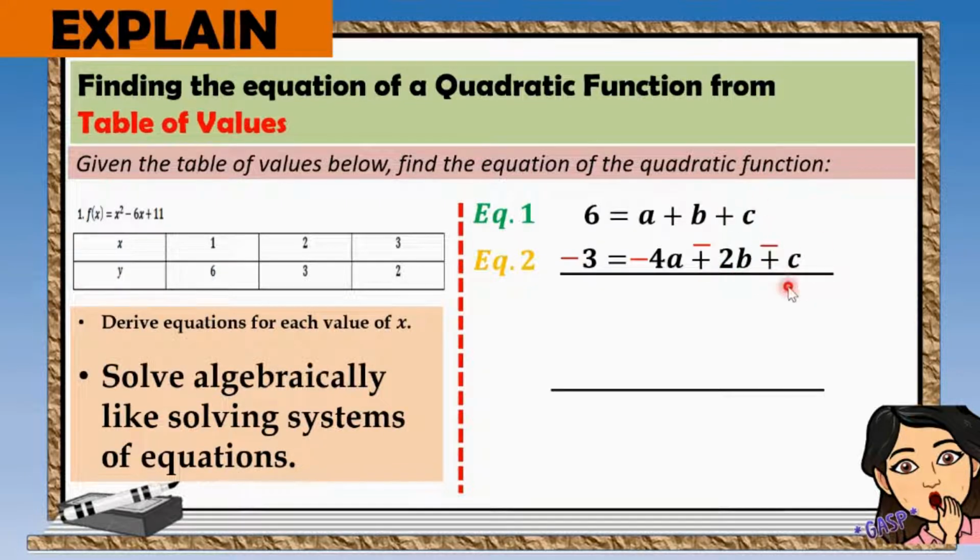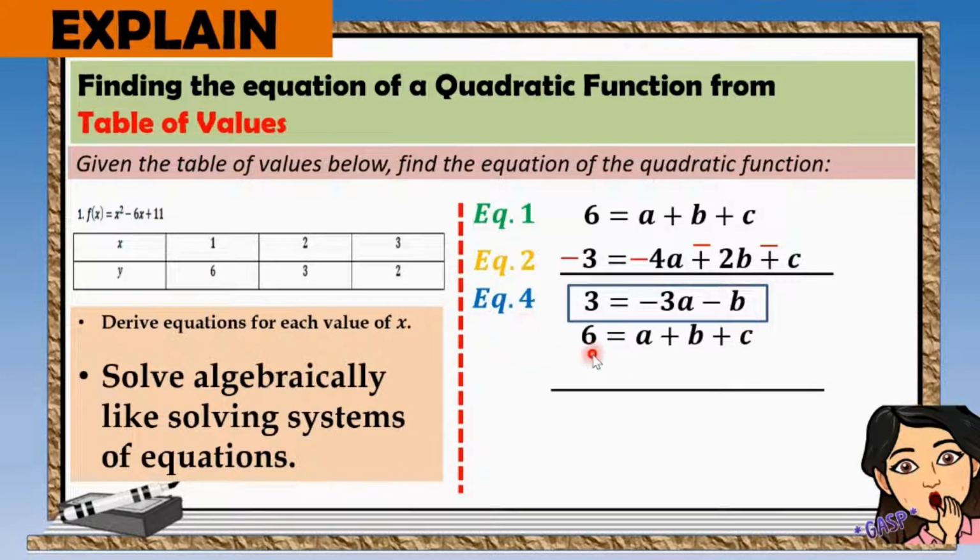As you can see in this equation, we can remove c, because c minus c is already 0. So, what remains in this equation is 3 equals negative 3a minus b. This will be your equation 4.